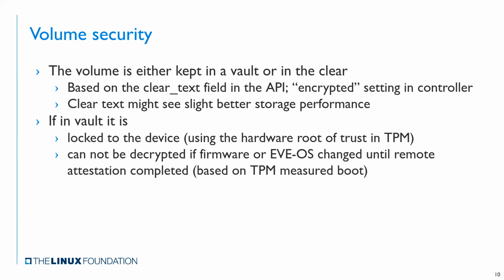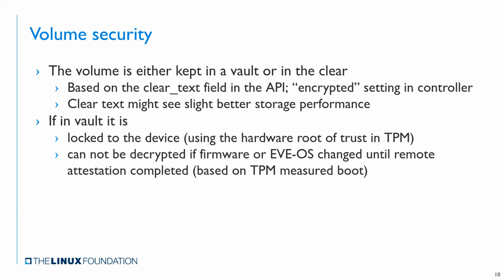Furthermore, in terms of the measured boot and remote attestation, which I think we covered in the overview, if the firmware or EVE OS or anything else changed as part of the measurements, it means that the vault cannot be opened until there's been a remote attestation exchange with the controller.